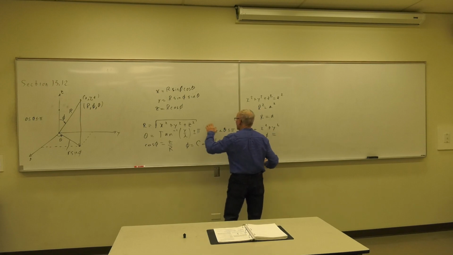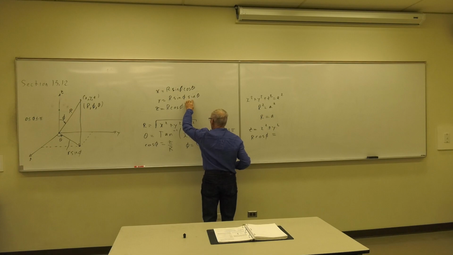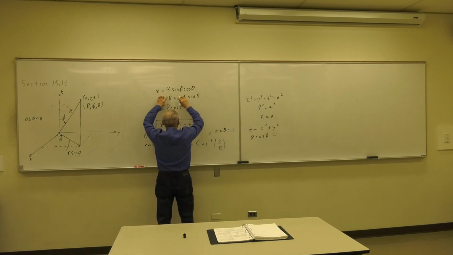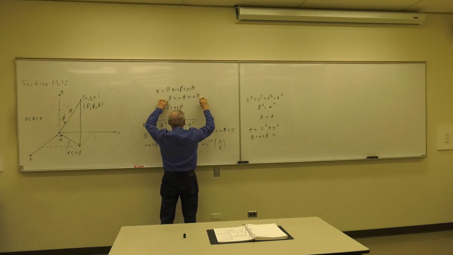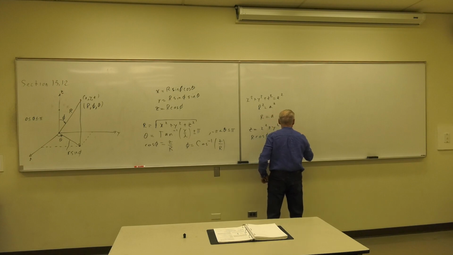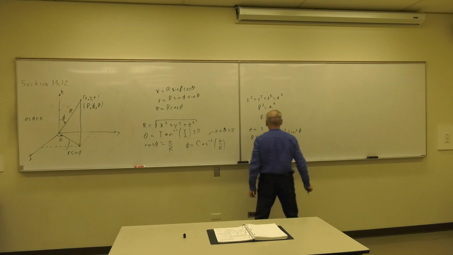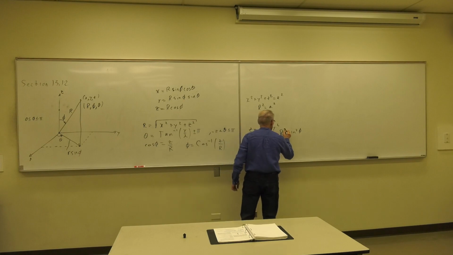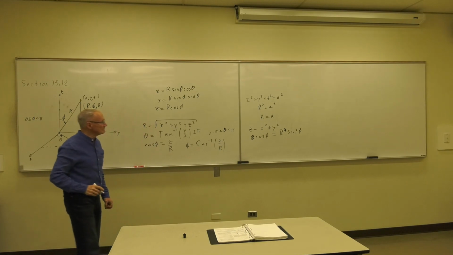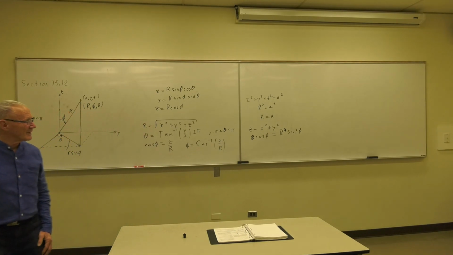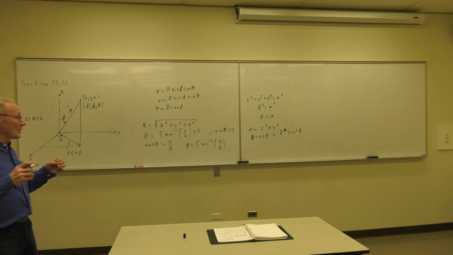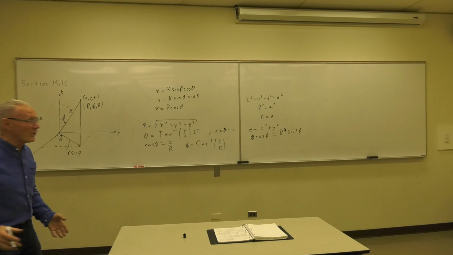I would put x and y, square this one and square that one and add. But notice, if you square this and square this, these two are the same. You'd have cos squared plus sine squared, so you would have r squared sine squared phi. Cancel one of the r's. There it is. Do you like that better? I'm not sure I do. So it appears spherical coordinates are not really built for bowls.